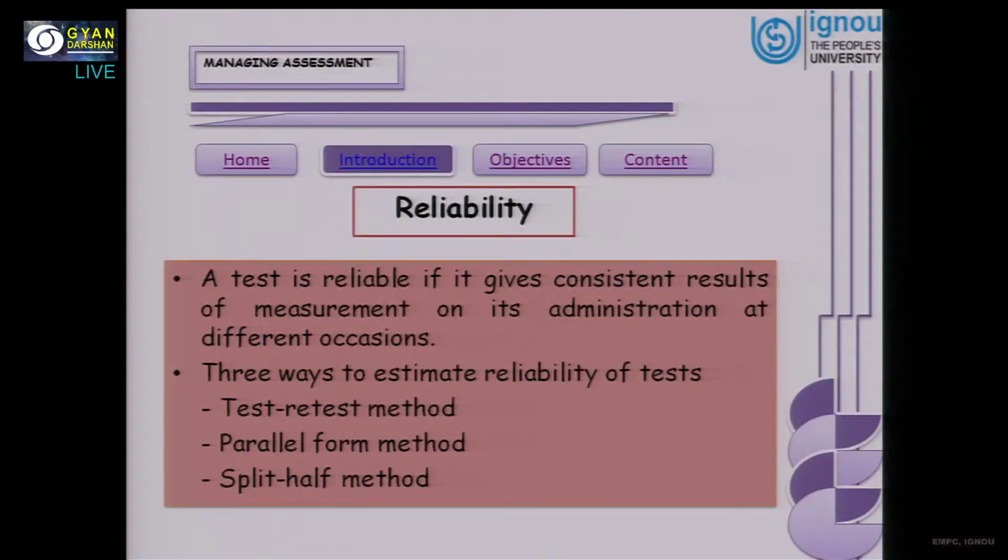Then we can say that the test is reliable. How can we measure the reliability of the test? For that, we can adopt three methods: the test retest method, the parallel form method or equivalent method, and the split half method. Let us have some discussion on these three methods.